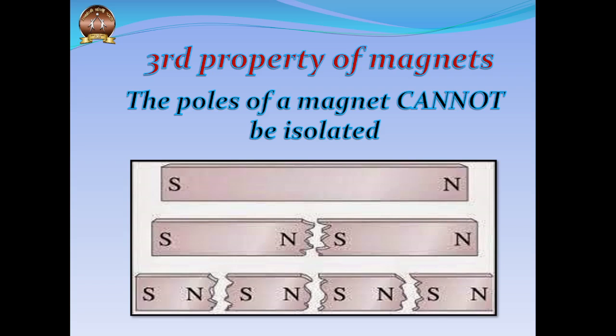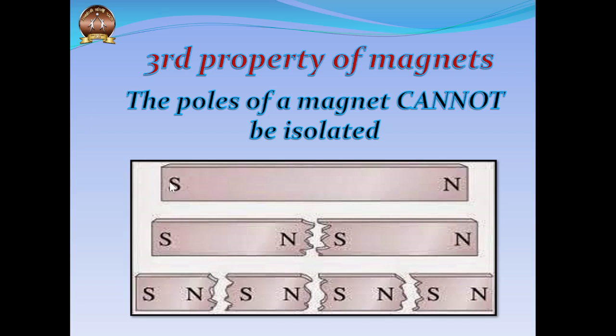Let's go to the third property of magnets. What happens when a magnet breaks? A magnet breaks into two or more pieces, and every individual piece actually develops its own north and south poles. This property is what we call that the poles of a magnet cannot be isolated or separated.